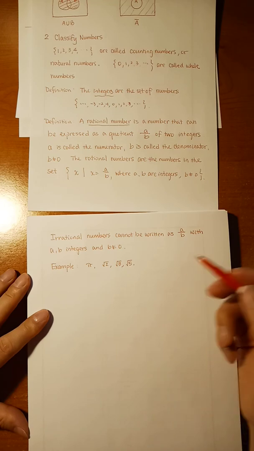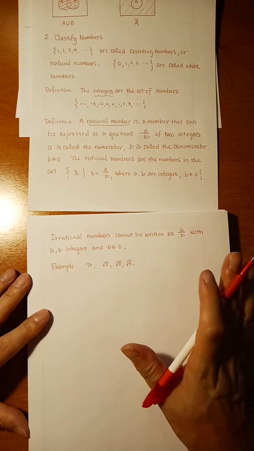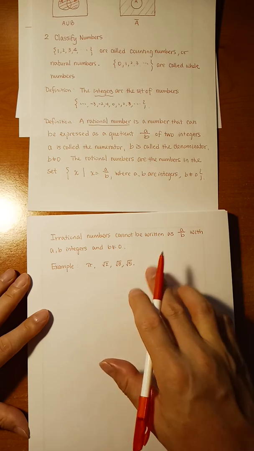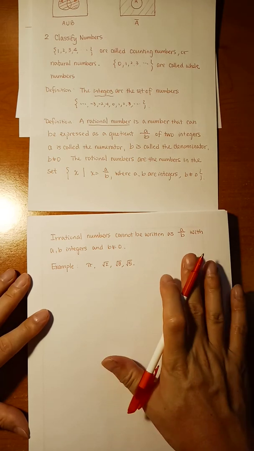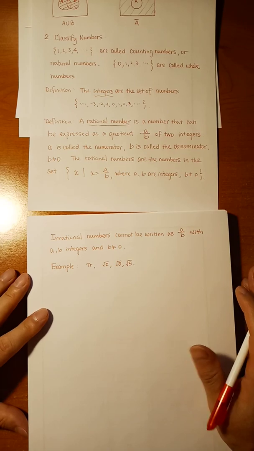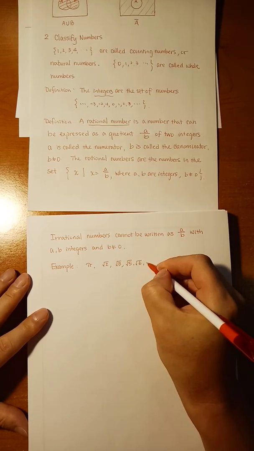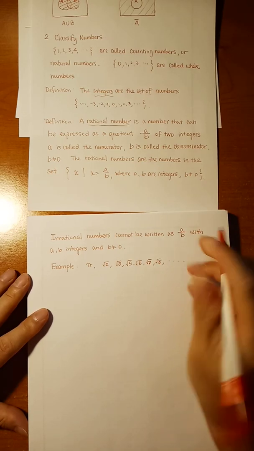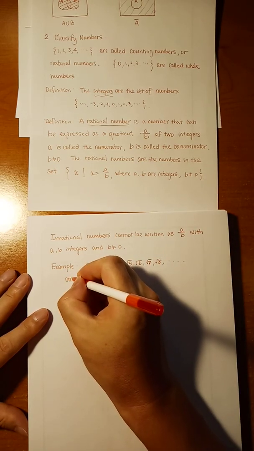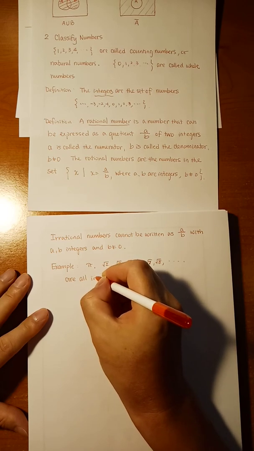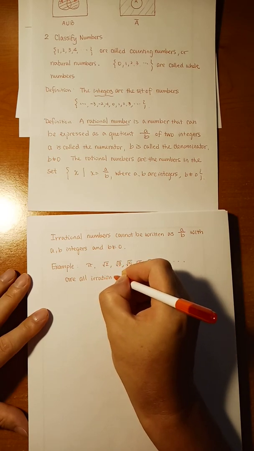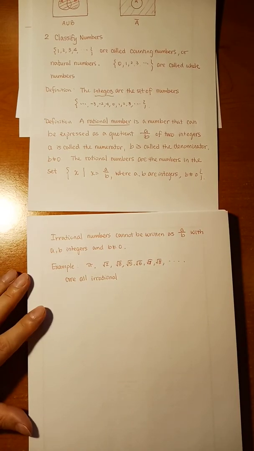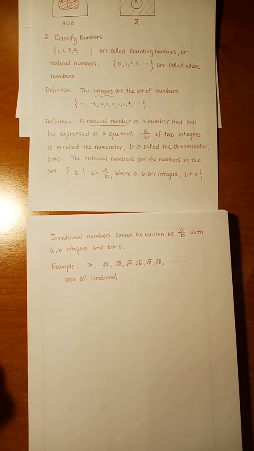So square root of 4 is equal to 2, that is rational, but square root of 2, 3, 5, 6, 7, 8 are all irrational. But this does not list all possibilities. There are many others.